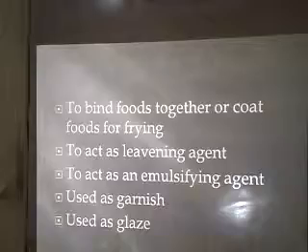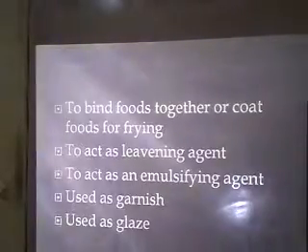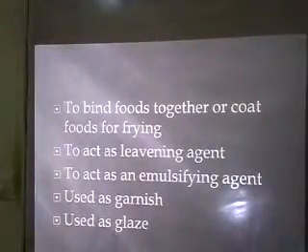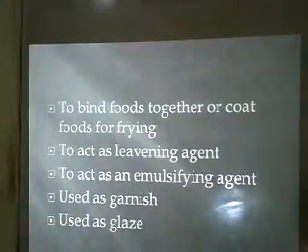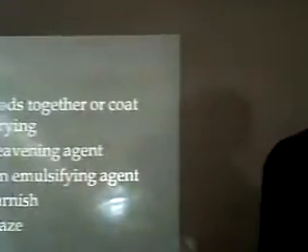We can also say that it acts as a leavening agent. What do I mean by leavening agent? When we talk about leavening, we are referring to a situation where the food is able to prove or rise. So when egg is being added to food, it helps the food to improve in size or in shape. For instance, if I'm preparing cake and I don't want to use baking powder, what I need to do is to beat the egg so that it will incorporate air or trap the air.